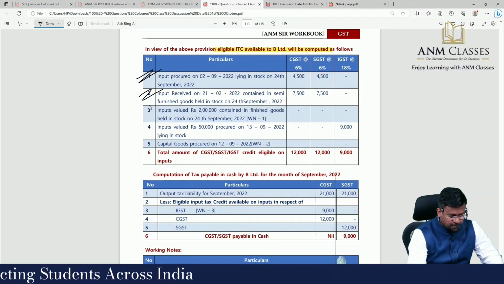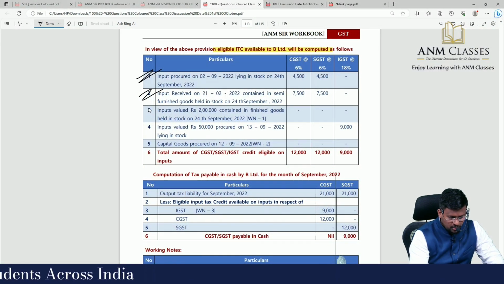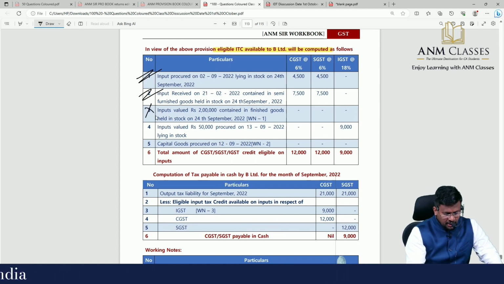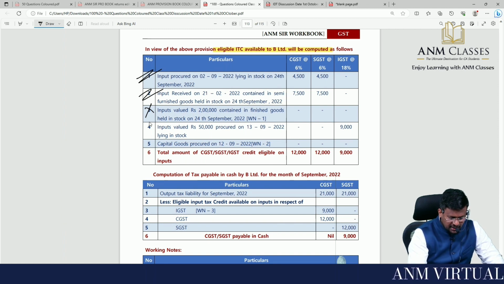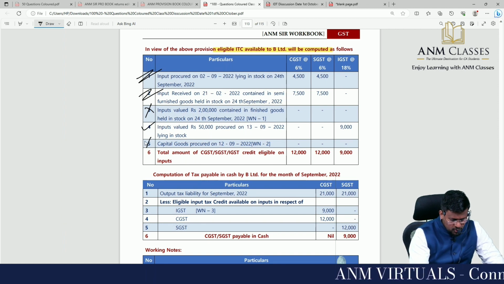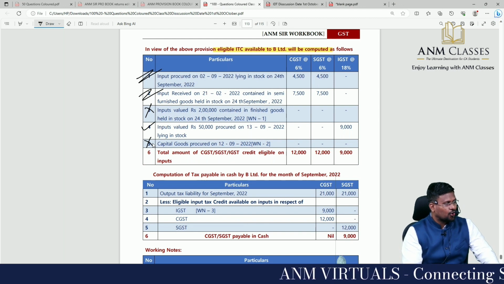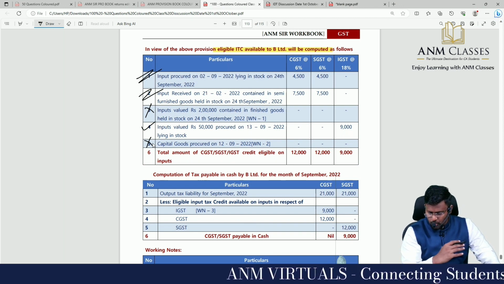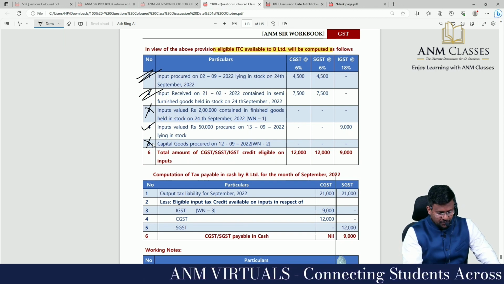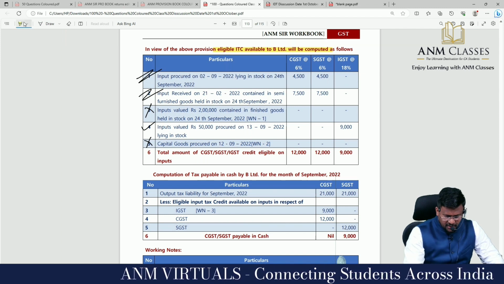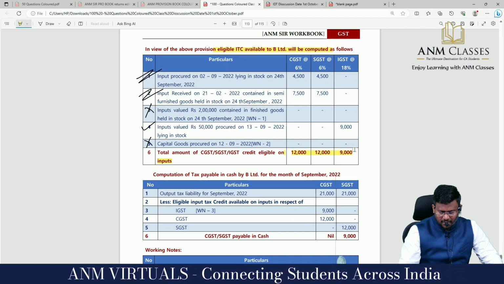That date is before cut-off date. So for this ITC cannot be taken. Input valued 15,000 procured on 13/9, sir, eligible. Capital goods anyway is not eligible, sir. It is outside the ambit of this section. So total amount of eligible ITC 12,000, 12,000 and 9,000.